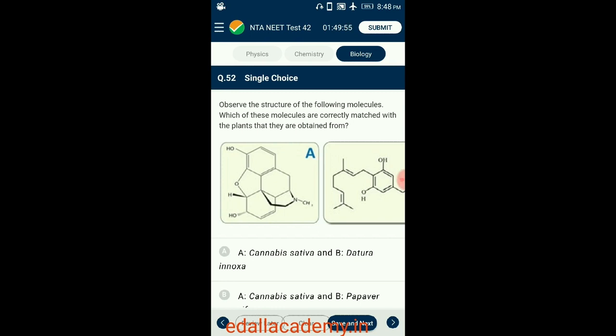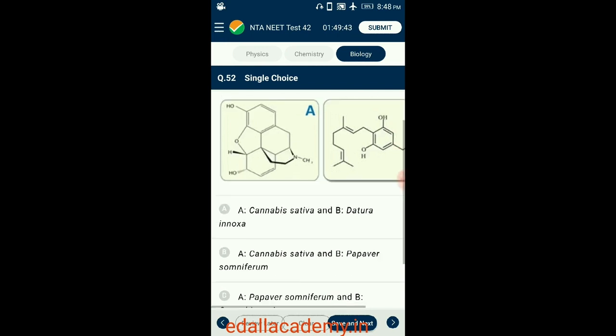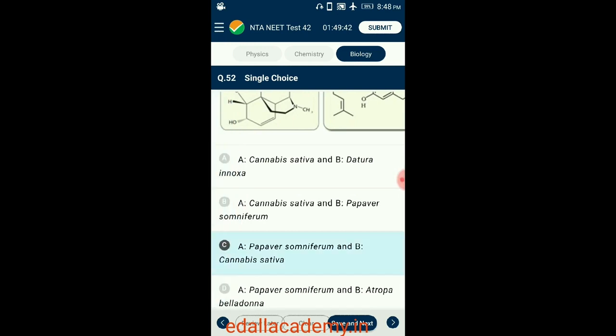Structure B is of cannabinoid molecule, which is the active ingredient of Cannabis sativa plant. So the answer for this question is option C. A represents Papaver somniferum, B represents Cannabis sativa. So the correct option is C.